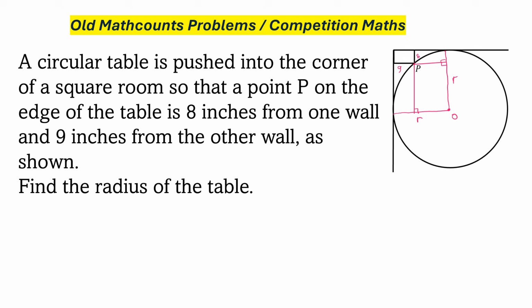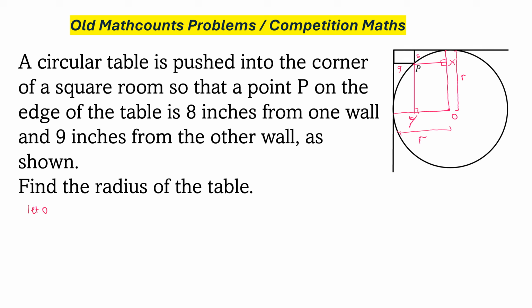So then what I can say is, if I call this X and this Y, then OY, this whole thing, is R, and the whole bit would be R. So this thing is R, okay, right? That is R.